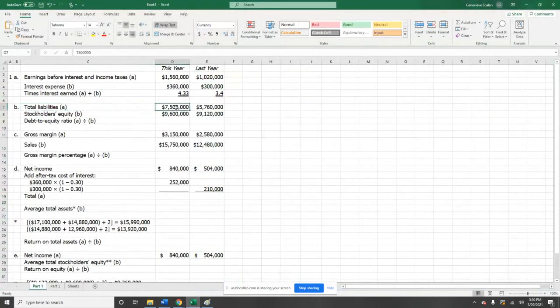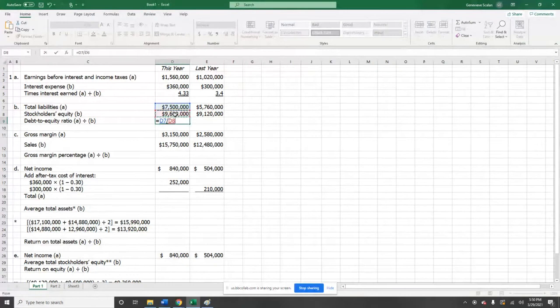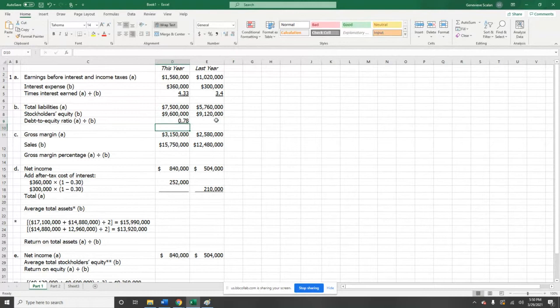To calculate it for each year, I just take liabilities and divide them by stockholders' equity. So this is equal to my total liabilities divided by my stockholders' equity. And there you go, 78%. I'm just going to go 0.78, round to 2 places.